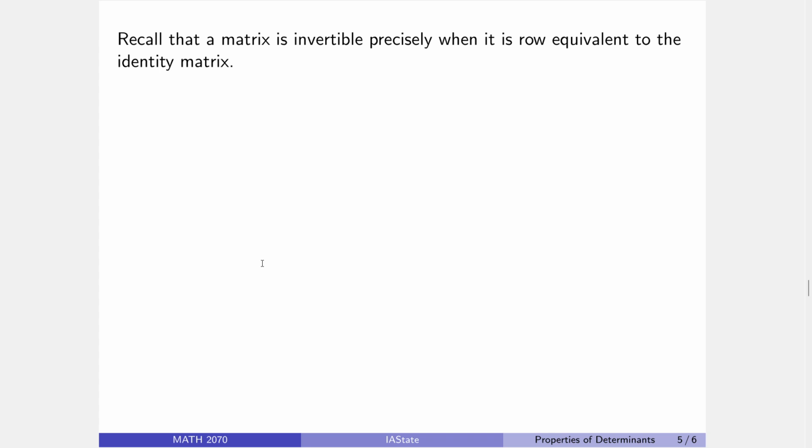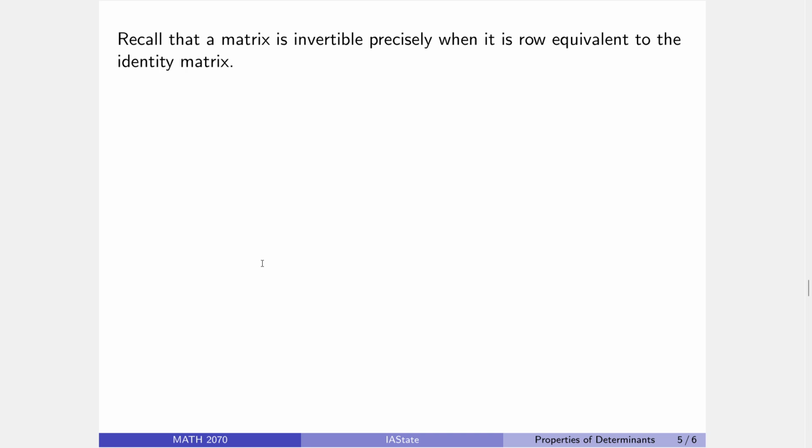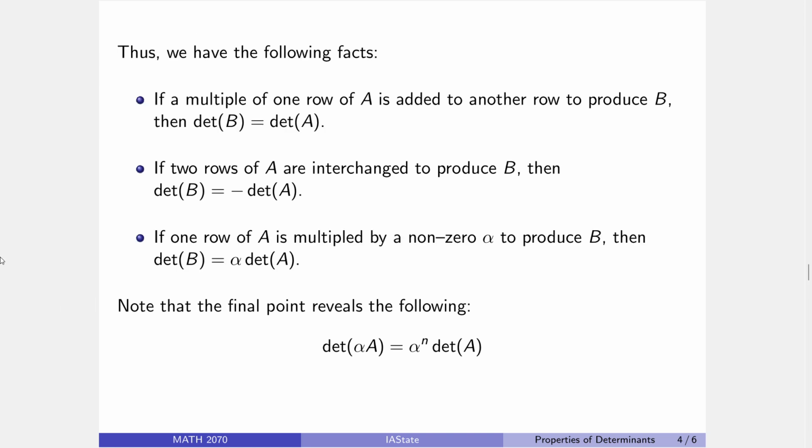Now remember, any matrix is invertible precisely if it's row equivalent to the identity matrix. The identity matrix, we note, has a non-zero determinant. And by all of the facts we just stated, row operations will never make the determinant zero unless it was zero to begin with. Right? If we look at these three, this doesn't change the value of the determinant. This negates it.